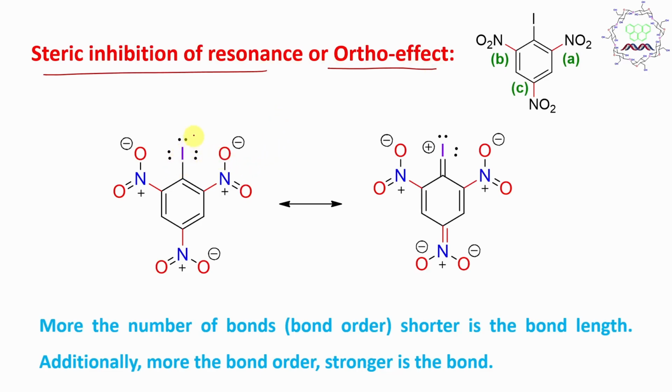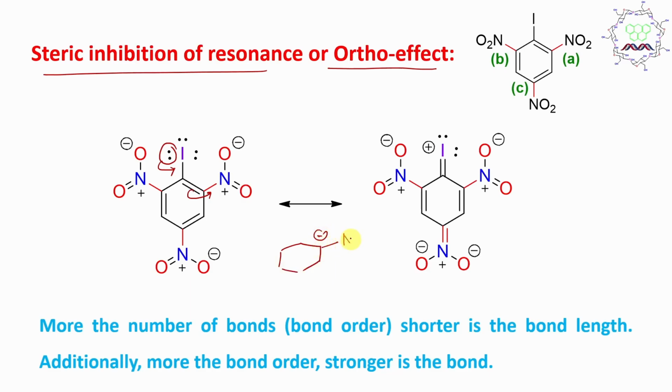Meaning iodine, if you look at it, is attached to this benzene ring. We know halogens are ortho-para-orienting and deactivating. Why are they ortho-para-orienting? Because they can donate their electron density to this benzene ring. So in the ortho position first, and second in the para position, the electron density increases.